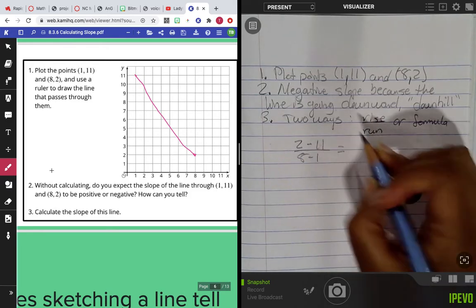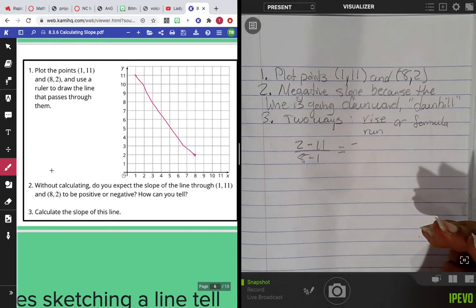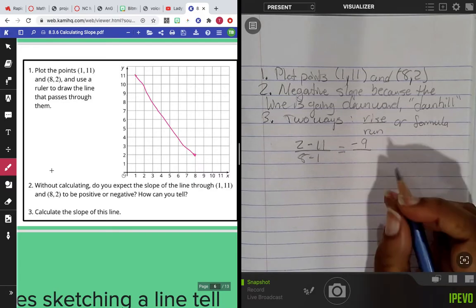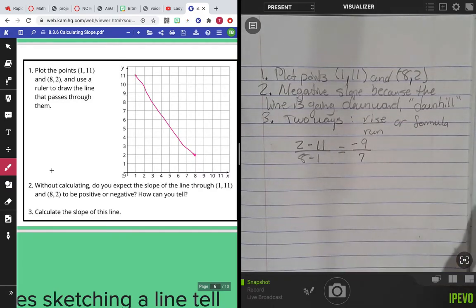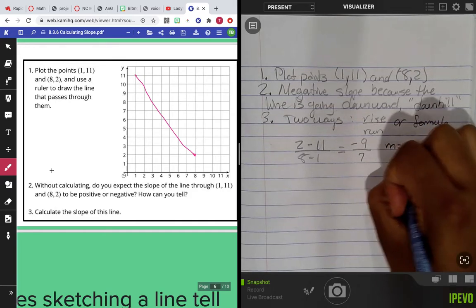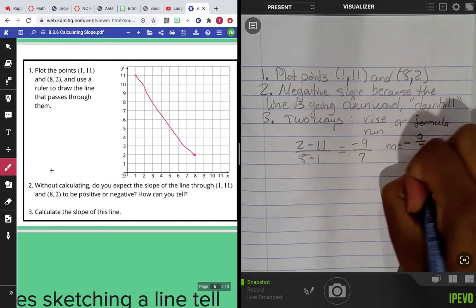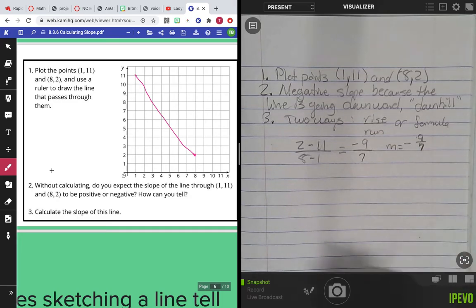So 2 minus 11 is negative 9, and 8 minus 1 is 7. So my slope here is negative 9/7. And although this is an improper fraction, you will keep it an improper fraction as well.